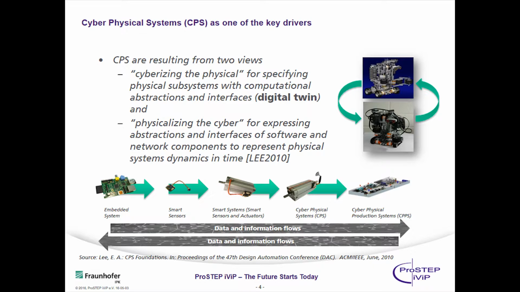And physicalizing the cyber for expressing abstractions and interfaces of software and network components as well to represent the physical systems' dynamics in time. To reach that goal, we connected embedded systems with smart sensors and interconnected those systems to reach the goal of having the ability to communicate bidirectionally.